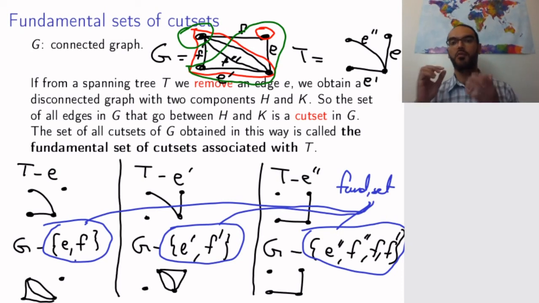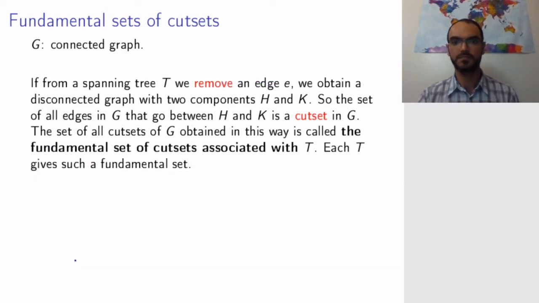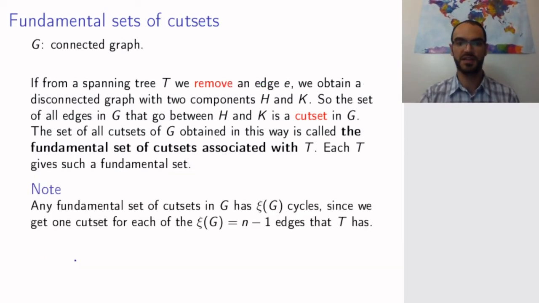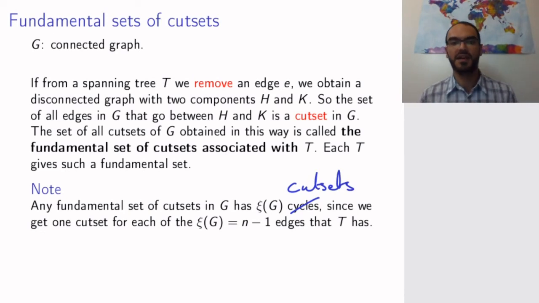So I will get one cutset for each edge that I had in my tree. And each tree gives me such a fundamental set. And the number of edges in the tree, this was what we called the cutset rank. So any fundamental set has this number of cutsets because this is the same number of edges as the tree has, and any edge determines a cutset completely.